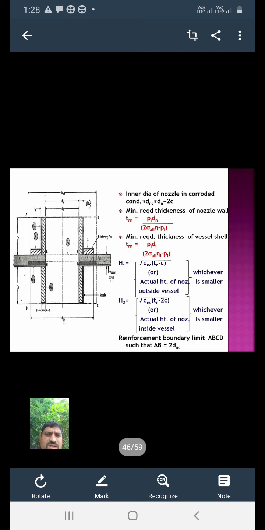And H2 is the root of DNC into Tn minus 2C, or the actual height of the nozzle inside the vessel, whichever is smaller. Remember that.